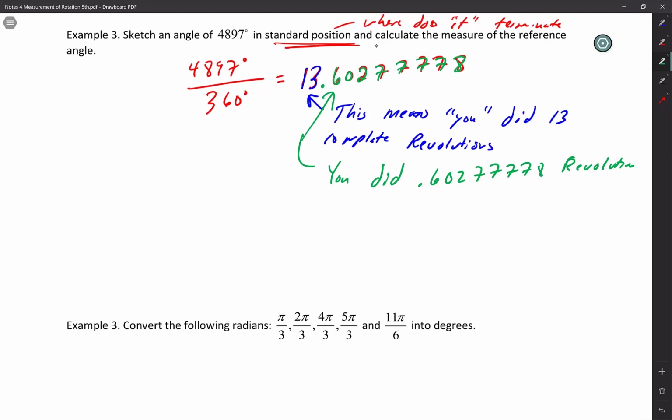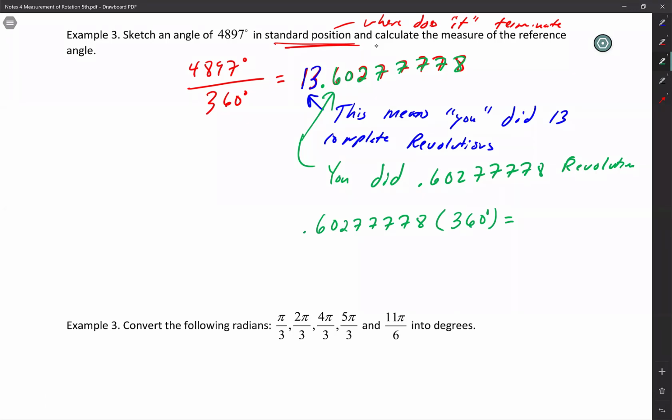So how do I turn this 0.6027778 into a degree? Well, simple. You take this number, all of it, 0.6027778. Don't round, just keep that number in the calculator. I'm just going to tell the calculator subtract 13 to give me that number unobstructed. And I'm going to multiply that number by how many degrees are in a revolution. That's 360, so I'm going to go times 360.